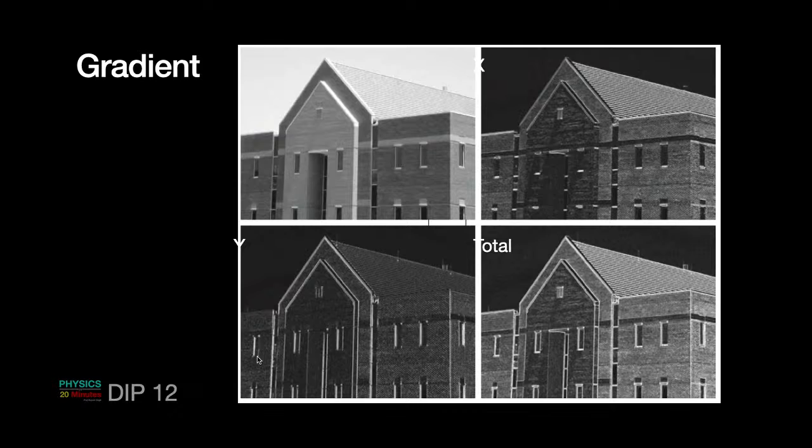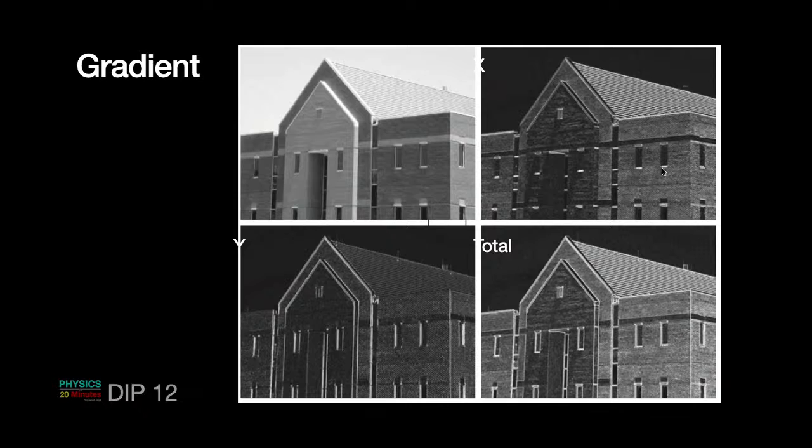You can see that the vertical gradients are very sharply presented, but the horizontals are not that sharply present. Here you can see that the horizontals are very sharply presented. This is a fine example. This line is very gray, but this is very bright. So this is very sharply detected, but the vertical, look at this corner, the vertical corner is detected here sharply, but not detected here sharply.